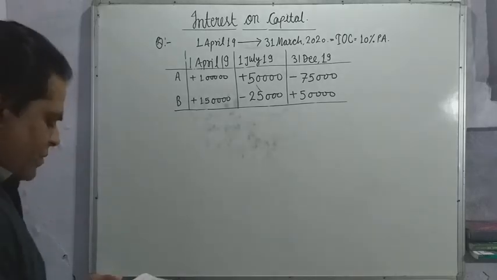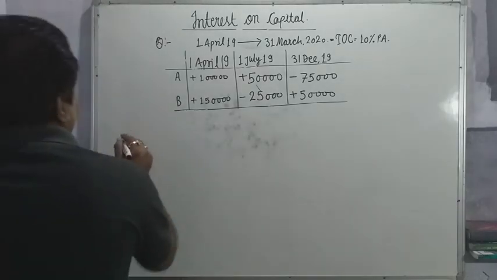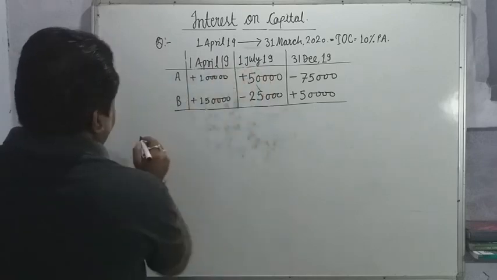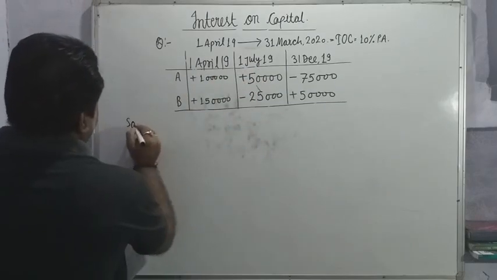See now, suppose I am talking about A and B from 1st April to 1st July. This is the solution.